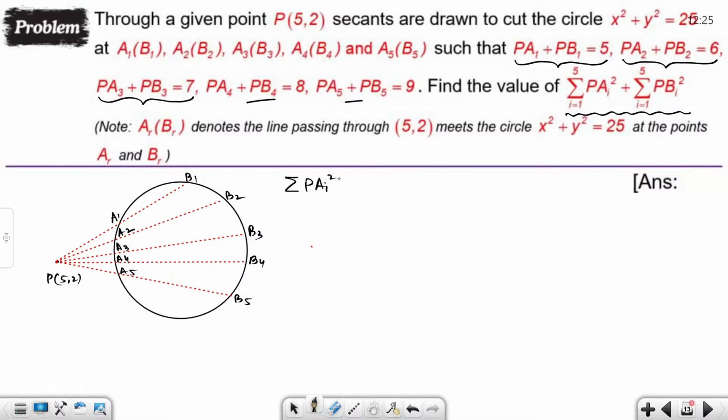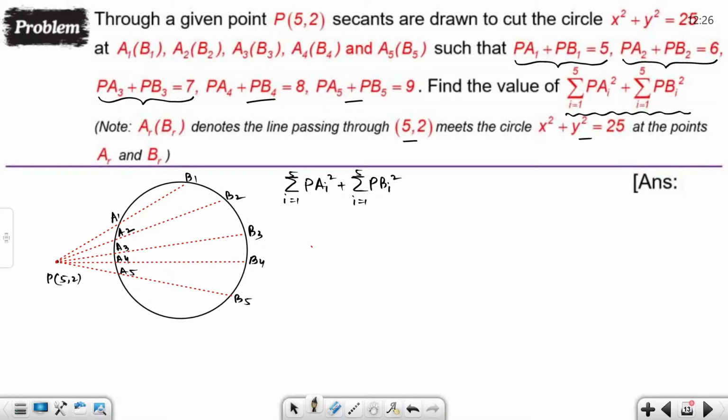Sigma PAi square plus sigma PBi square, where i goes from 1 till 5, right? We have to find out the value of this expression. And what is the note? AiBi denotes the line passing through this point and meeting the circle at the points Ai and Bi. That is, they are saying that the first secant is intersecting the circle at 2 points, A1 and B1, and so on for the other secants. So now, how to find out this value?